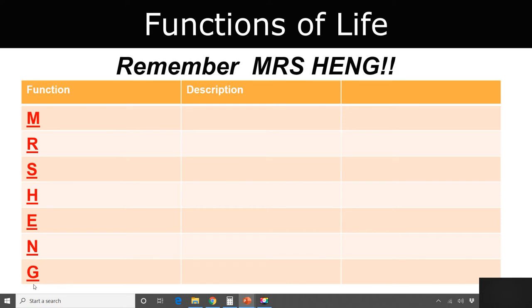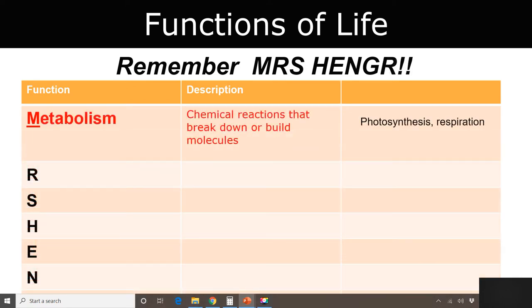The first thing that all living things do is metabolism. Metabolism is reactions that either break down or build up molecules. Photosynthesis and respiration would be an example of this. Photosynthesis builds glucose molecules and respiration breaks down those molecules for energy.